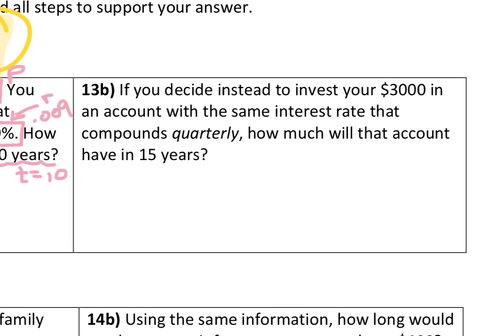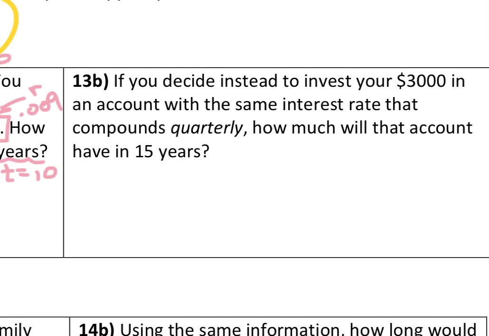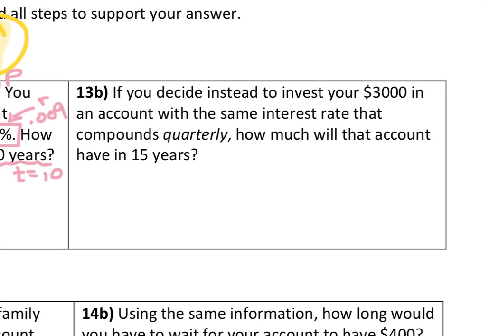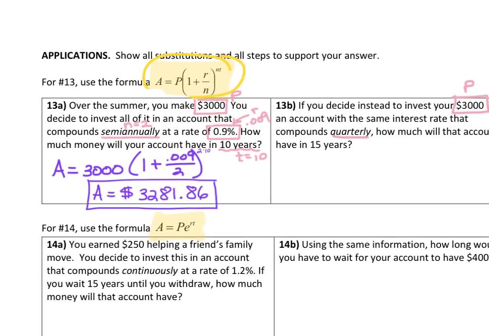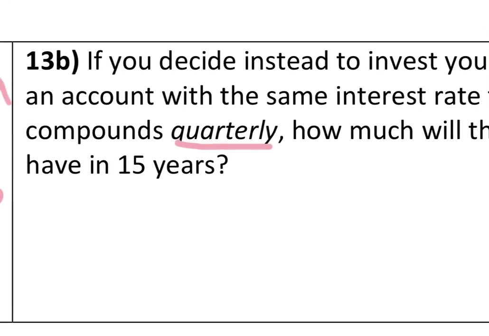In part B, instead, you're taking that same principal, so the $3,000 is your principal, and put it into an account that compounds your interest quarterly. And so whereas in part A, your N value is 2, here your N value is going to be 4.